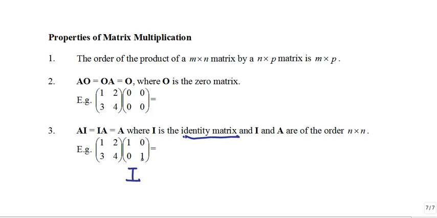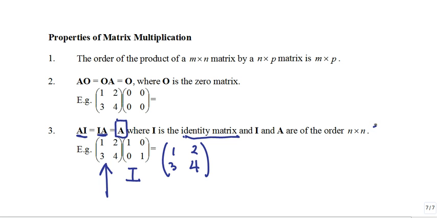Similarly, when you multiply any matrix by the identity matrix, no matter whether you put the identity matrix in front or at the back, you will always get back the matrix itself. So for instance, I have a matrix 1, 2, 3, 4. When I multiply it by the identity matrix, I will still get back the same matrix. This is the property of the identity matrix. Remember, the identity matrix is just like a 1.